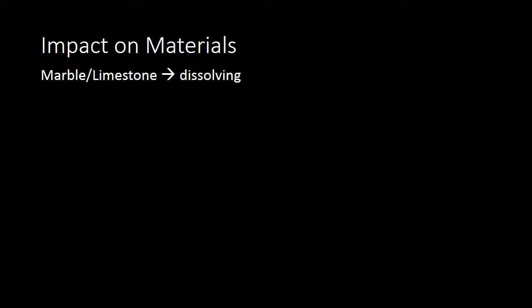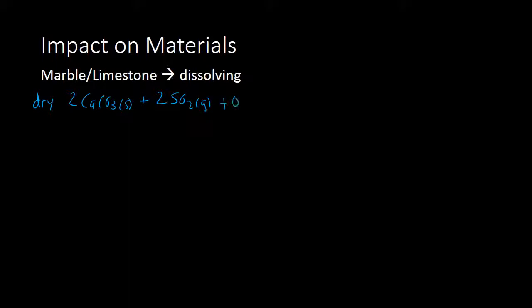So if you have dry deposition, marble and limestone are made from calcium carbonate. And they're solid. If you didn't know that, they're a stone, they're rock. If you have dry deposition, that means you have sulfur dioxide landing on it. We do say it's in its gaseous form, but it can also be solid particles, but it tends to be a gas that then falls and rests upon the stone.